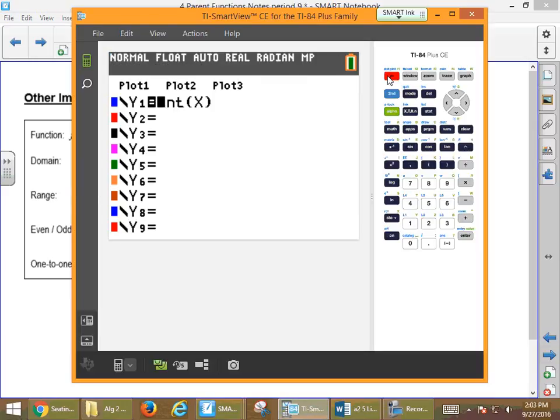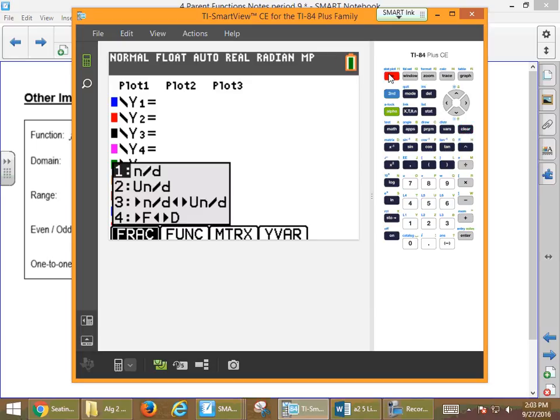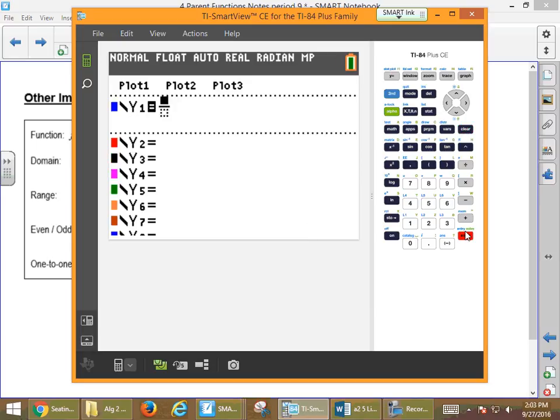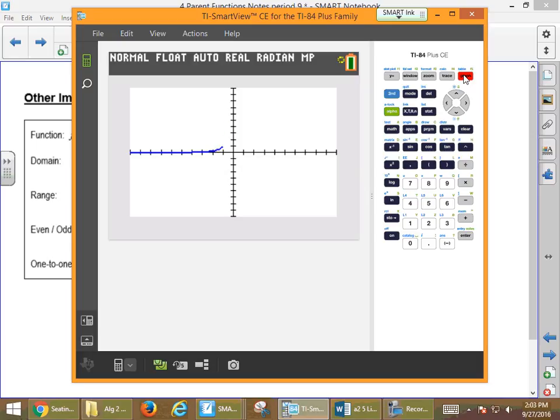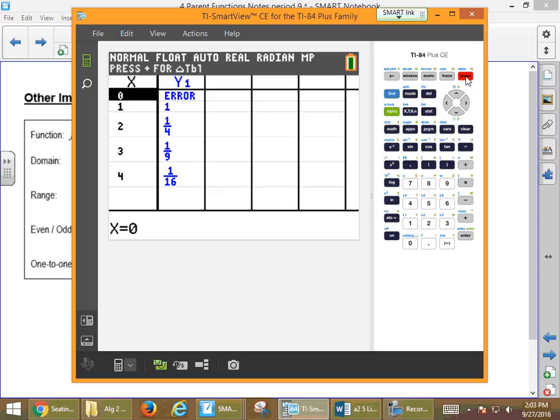We don't have to type in anything special in here. We'll clear that out. We can use our fraction button if we have it. And it's 1 divided by x squared. And we look at the picture. So there is essentially what we're going to draw the picture of. Let's look at the table and see if we can get a couple of key points.